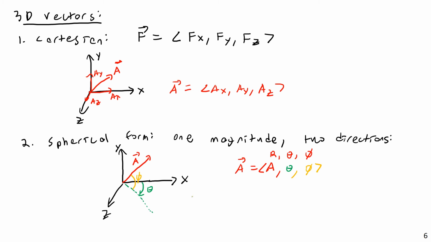I would have one angle telling me where this thing is along the horizontal plane, and I would have another angle indicating where this vector is above or below the horizontal plane, and that's a spherical representation.